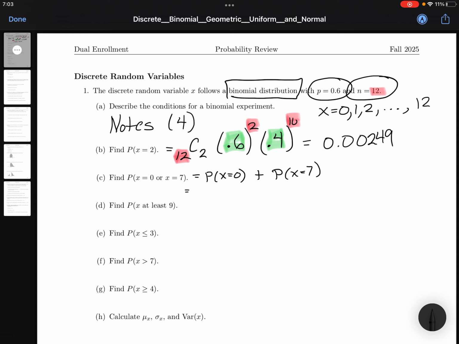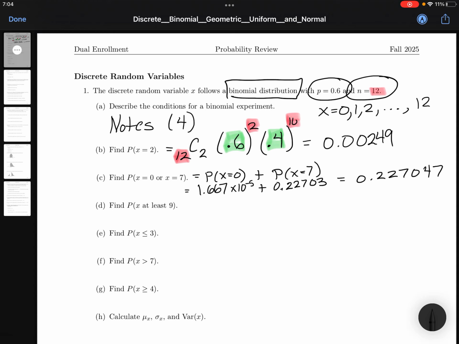This first one is 1.667 times 10 to the negative 5th, and the second one is 0.22703. When you add them together, you should get really close to 0.2270466667. So we're just going to put 7 there.